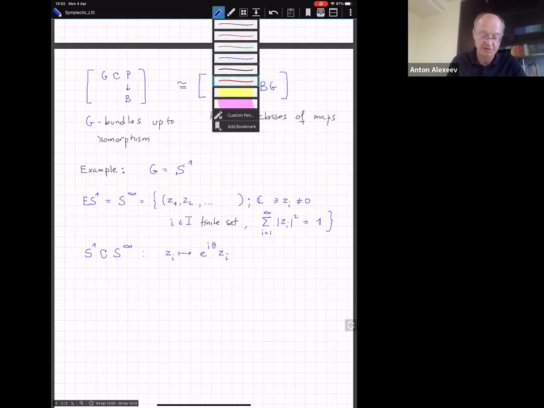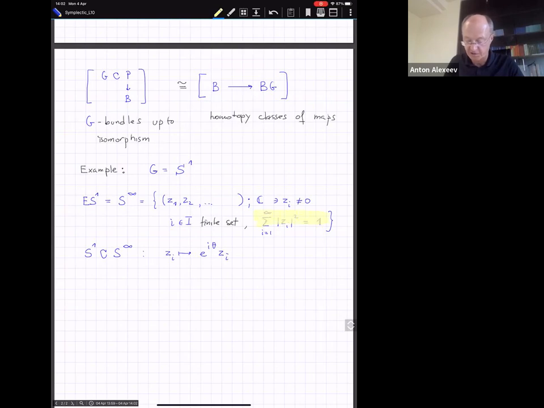Since we have this condition that the sum of squares should be 1, there are always some non-vanishing z_i's. So this means that this is a free action. If at least one z_i is non-zero, then at that point the action is free, and there is always some non-vanishing z_i.